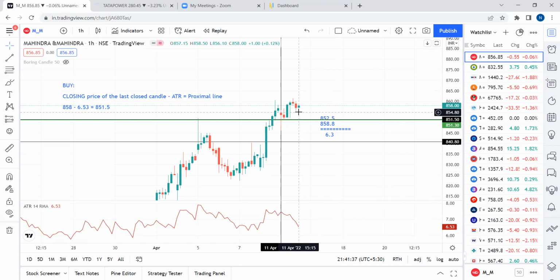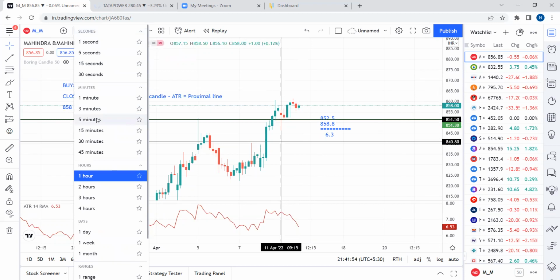ATR is 6.53. So now you have to deduct the ATR from the last candle closing price. So 858 minus 6.53. What is the value? 851.5.